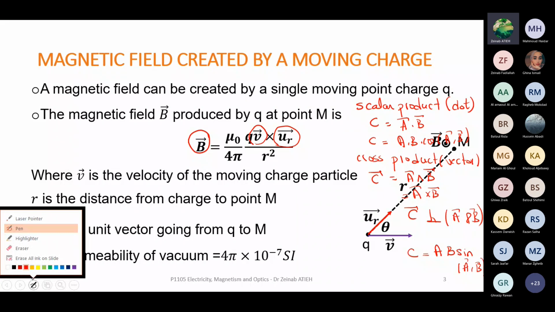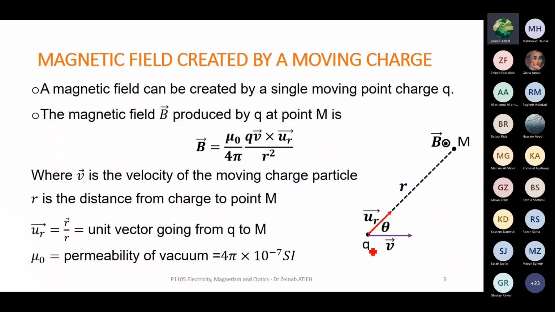Because V and UR both lie in my plane, we draw the B vector coming out of the page, the arrow coming toward us. You all know that if a vector is coming out of the page, we draw it as a dot in a circle, and if it is entering the page, it is drawn like an X in a circle.